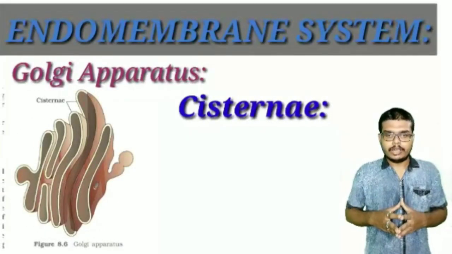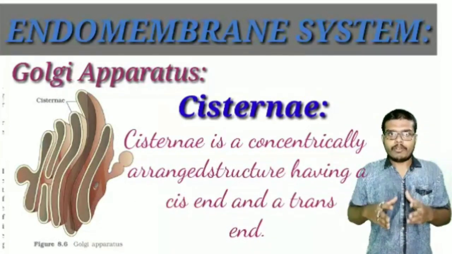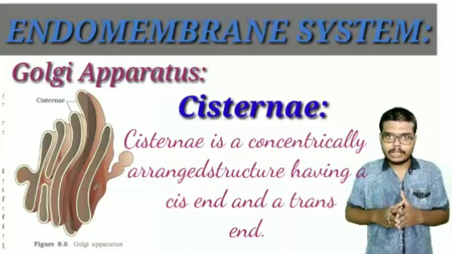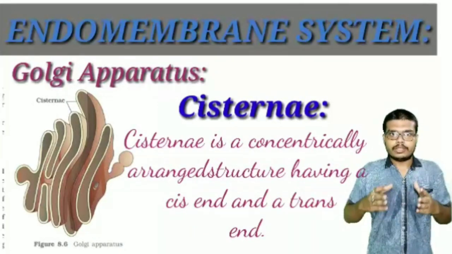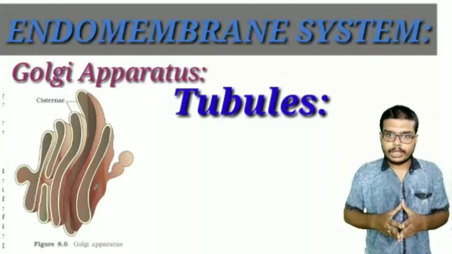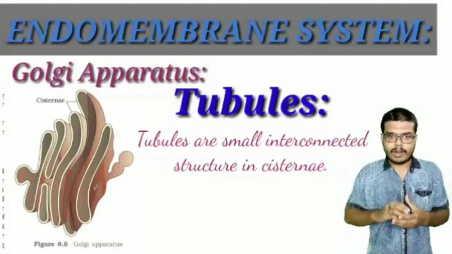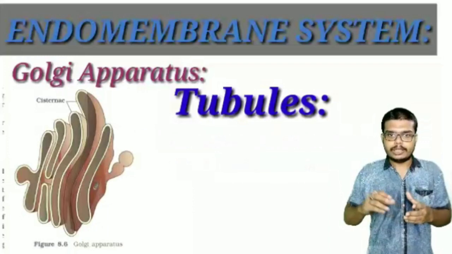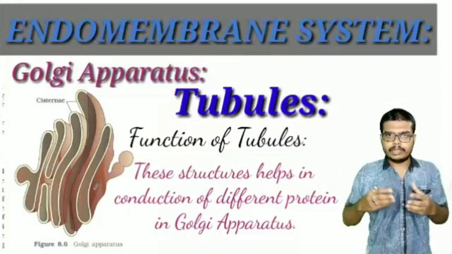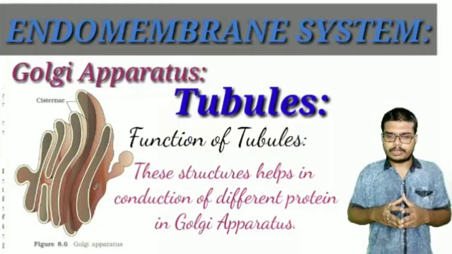Cisternae are concentrically arranged structures near the nucleus with a distinct convex end known as the cis end, and the trans or maturing end. Then we will discuss tubules. Tubules are small flat interconnected structures between those cisternae. These tubules help in conduction of different proteins inside the Golgi apparatus.